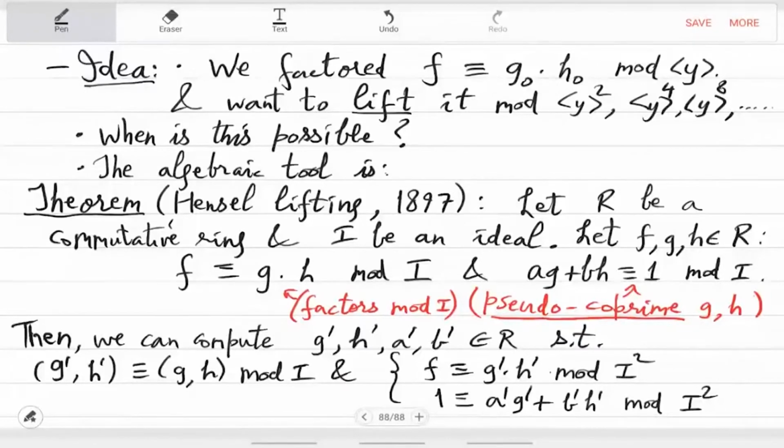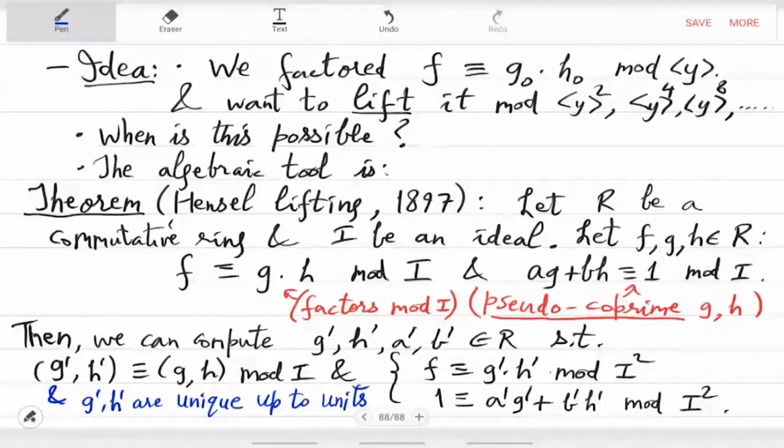You can always multiply by 2 and divide by 2 in the factors, right? So those things you can do here also, but up to those unit multiplications, G prime, H prime are unique. So G prime in particular is unique. That's the last. So this is a big statement.